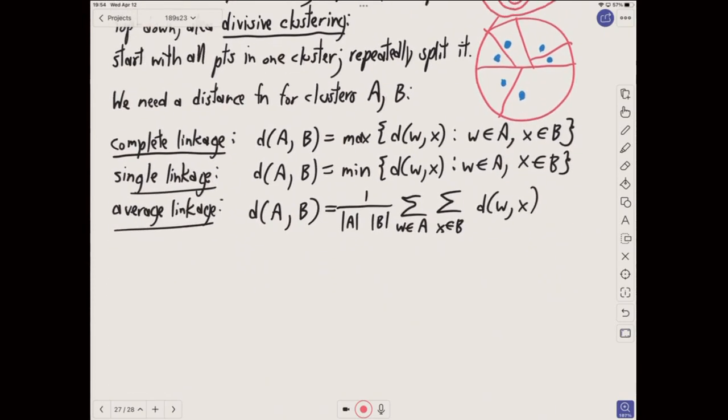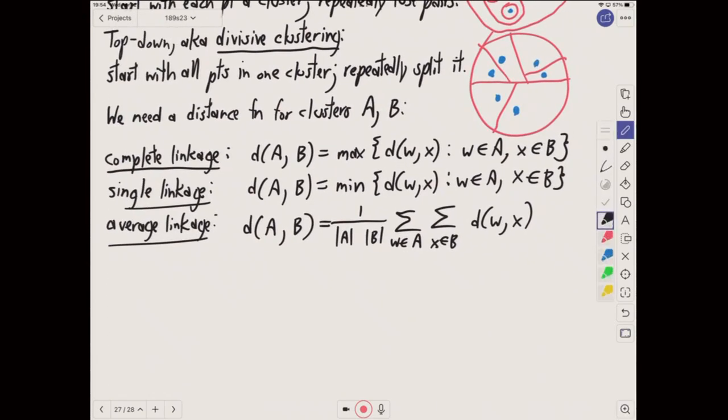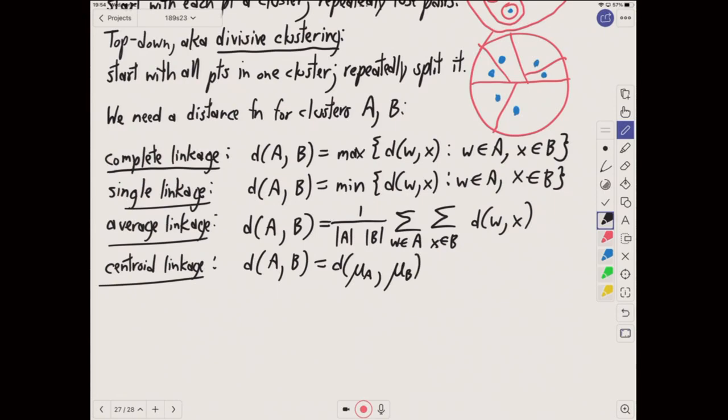Lastly, we have the centroid linkage. And here the idea is, let's actually take the mean of all the points in cluster A and the mean of all the points in cluster B, call them mu A and mu B, and just look at the distance between those two cluster centers.